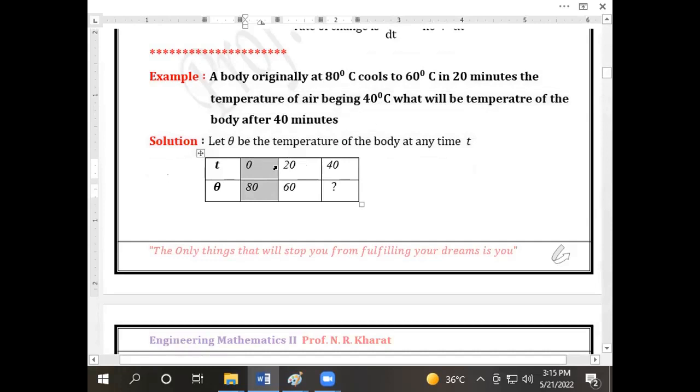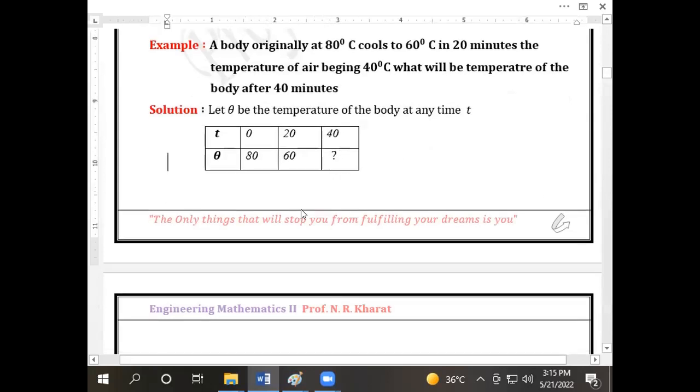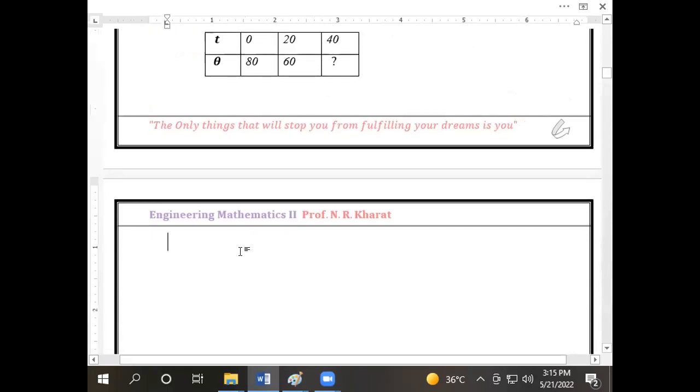In 20 minutes, the body changed its temperature from 80 to 60. As time elapsed, the temperature goes on decreasing. And they ask, what is the temperature of the body after 40 minutes? So we will solve this example by Newton's cooling law.